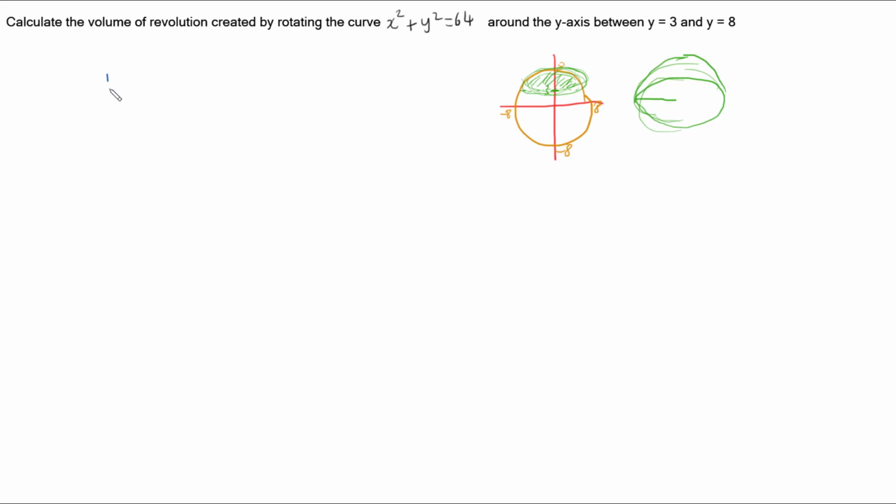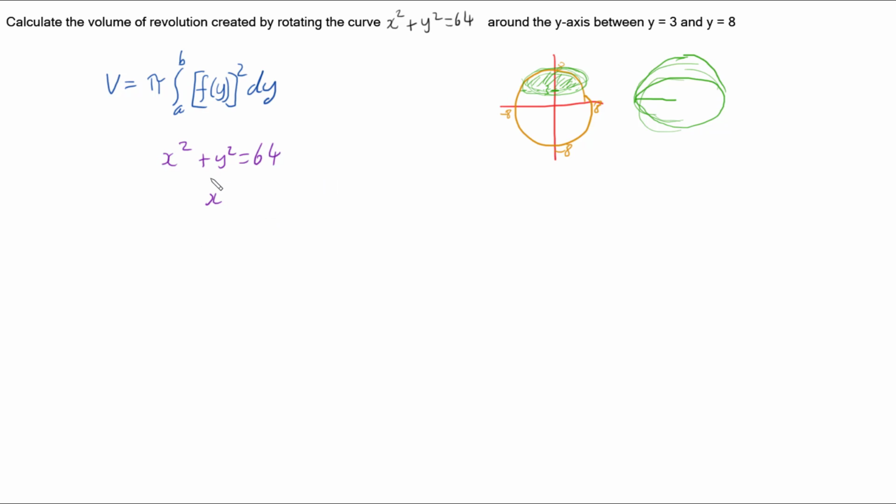To do this, I'm going to use the rule that our volume is pi times the integral between our bounds of a function of y. That function is squared, and we integrate with respect to y. So I need a function of y, but currently I've got x squared plus y squared equals 64. To have a function of y, I need to isolate the y with everything else and have the x on its own.